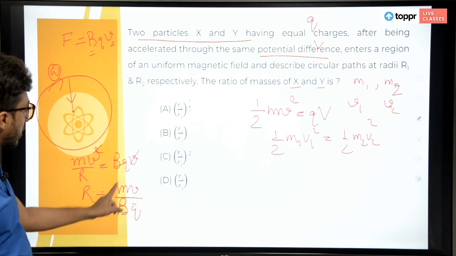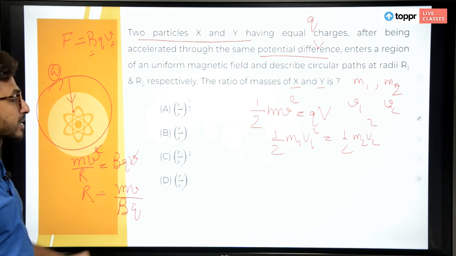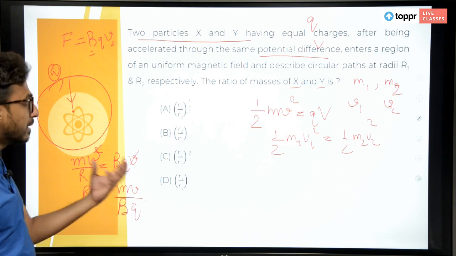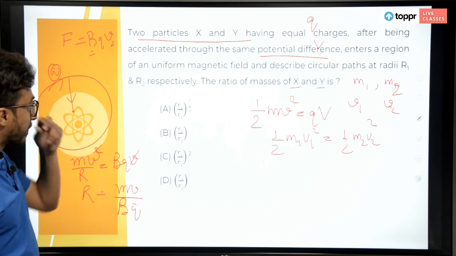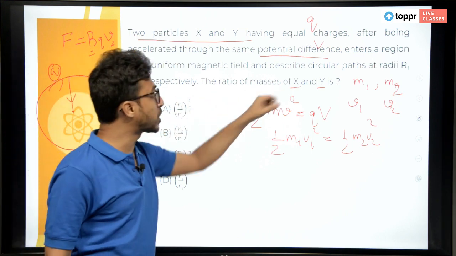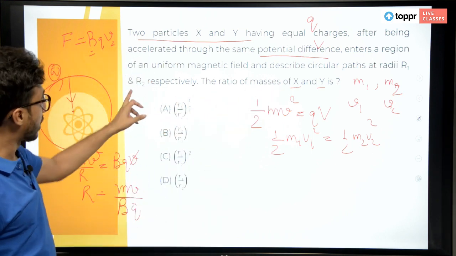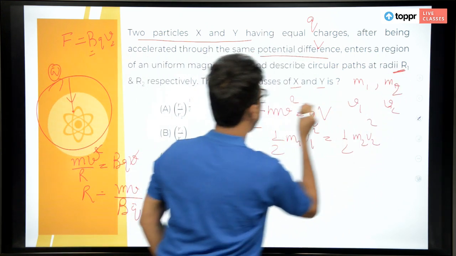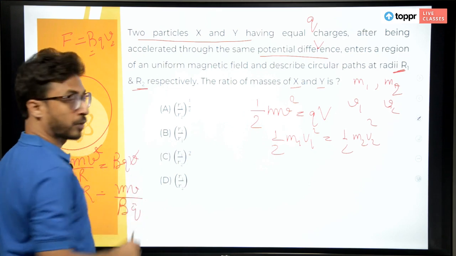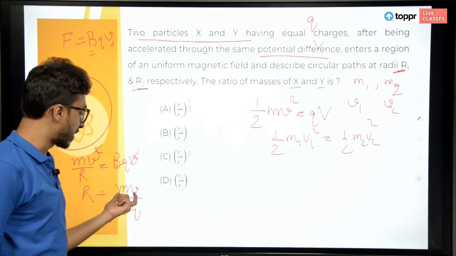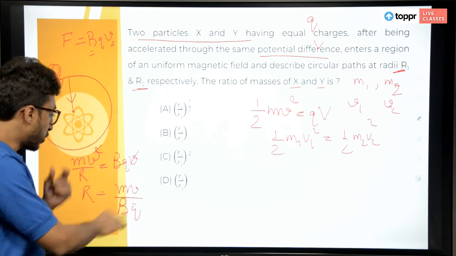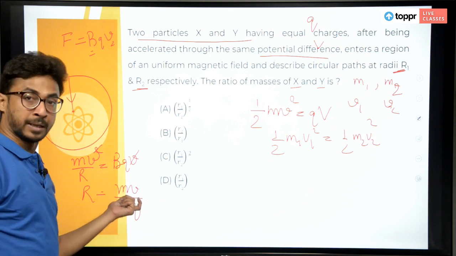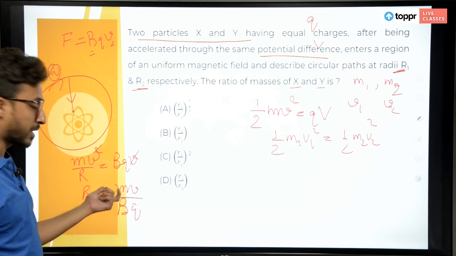So, r is proportional to the product of mass into velocity, right? That is the momentum. But we have to find the ratio of their masses, when the radii are given, r1 and r2. So from mass into velocity, there are two variables. We have to convert into one, isn't it? So let us do that.